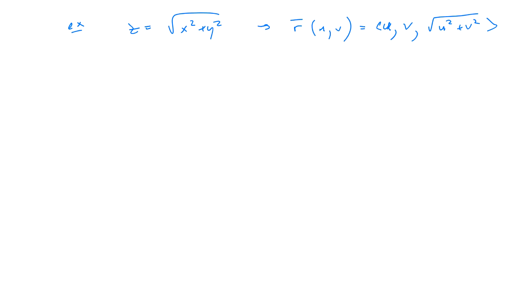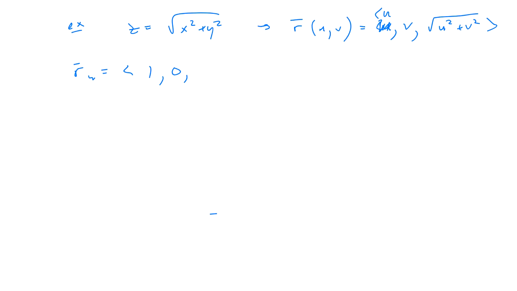So let's take a couple of partial derivatives. In some ways, I'll say the same thing I just erased, but now with this specific example. Let's take the derivative with respect to u. So the derivative of u is 1, the derivative of v is 0.